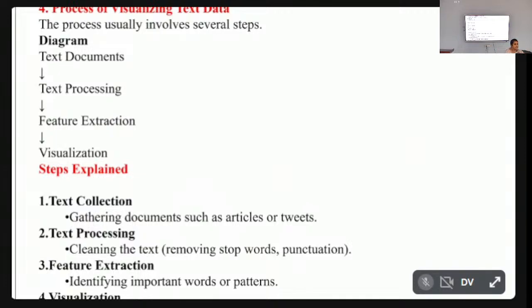Unwanted countries are removed. Who came to the semi-final? Four countries came. Right? All their information I have put in the form of processed data. Next, feature extraction means what? From them, who are coming to the final? I have taken them.